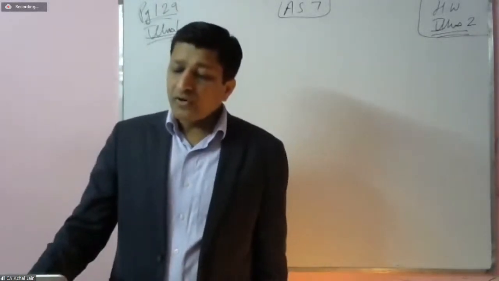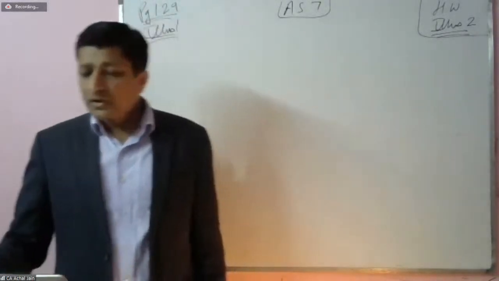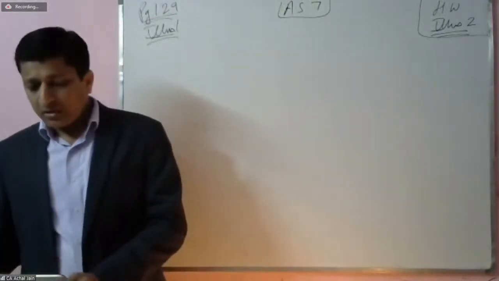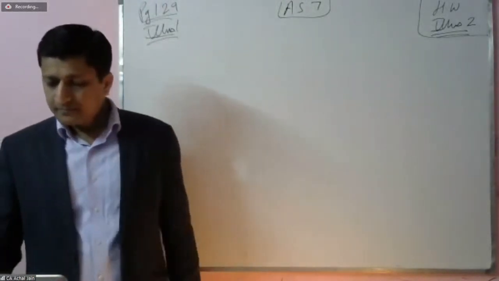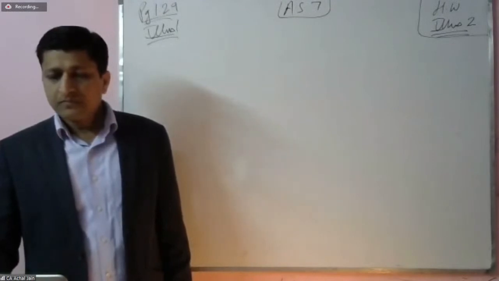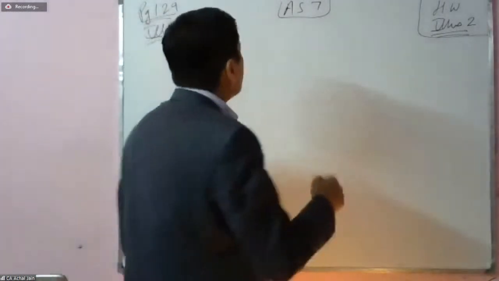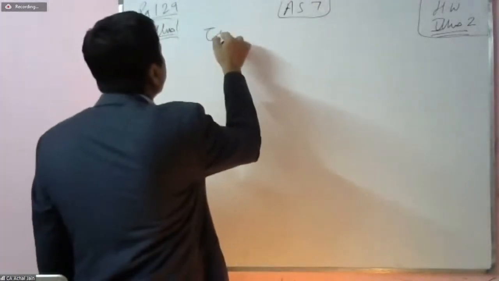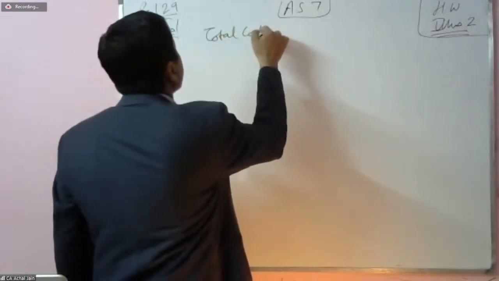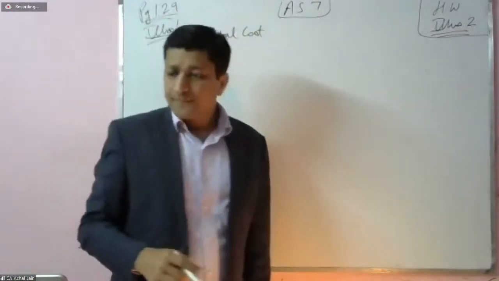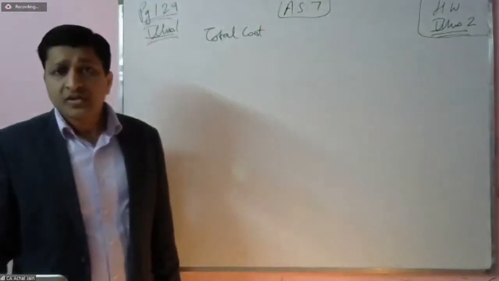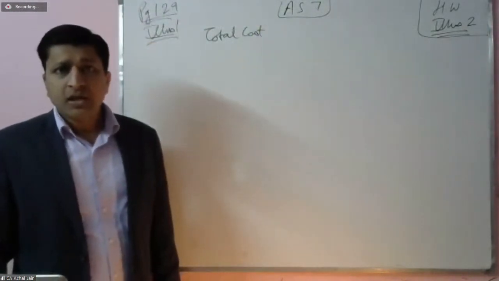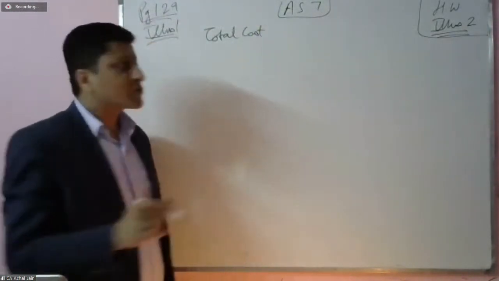First of all, what do we see? The total contract cost and the total contract price. Total cost is what? Certified cost, uncertified cost, and cost to be incurred.